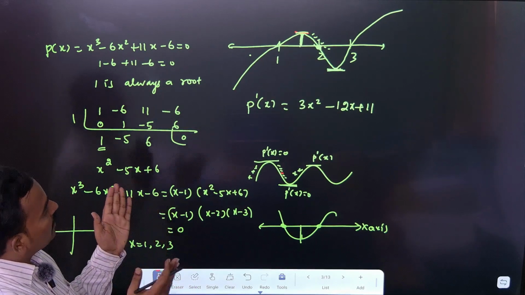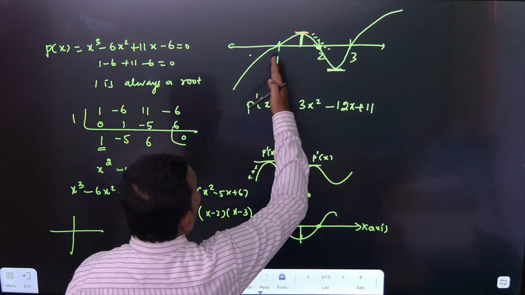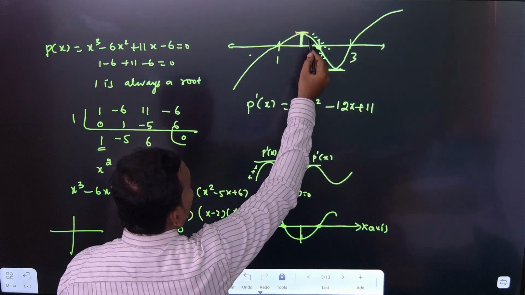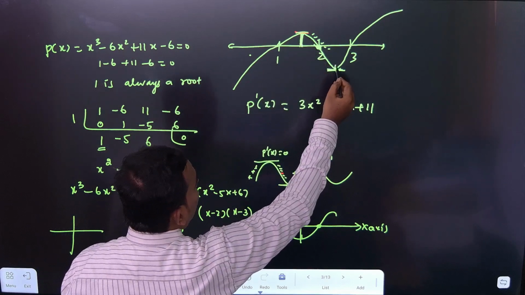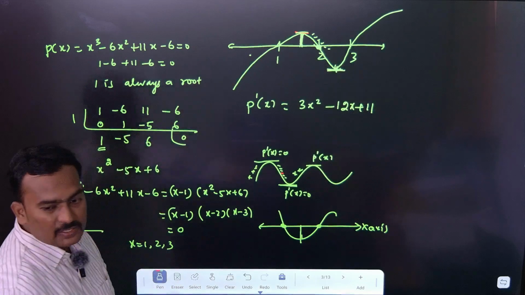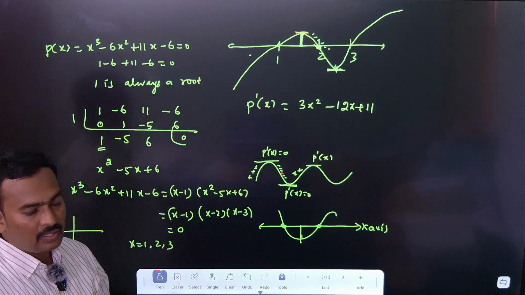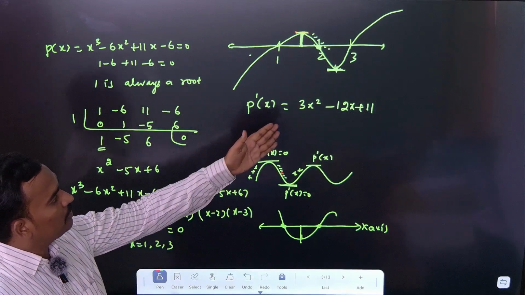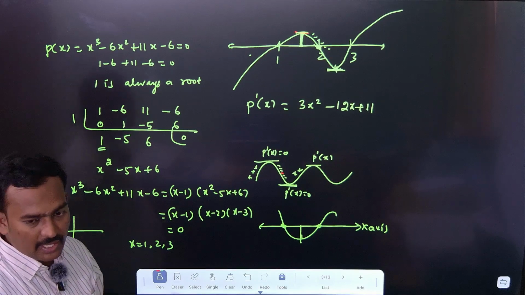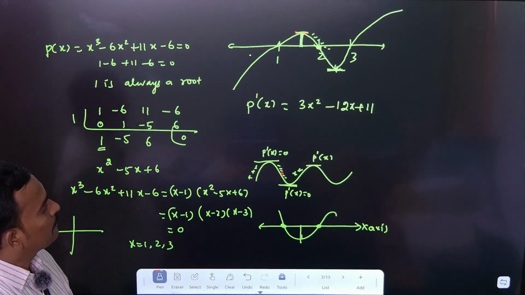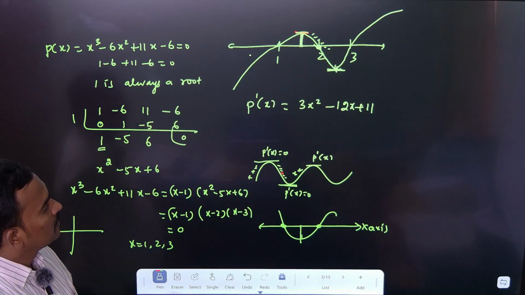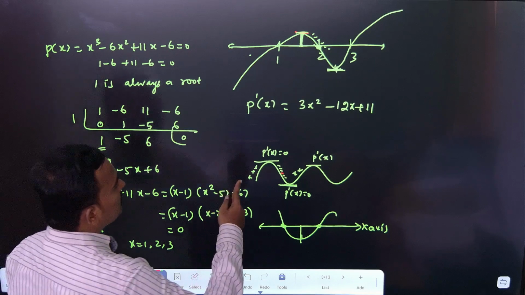If x is less than 1, it is increasing, and then after the first turning point it is decreasing, and after the second turning point it is increasing. You just check the value. If more than 3, you can substitute; it is completely positive, right? Understand? Is there any doubt? If you check here, let us take 2.